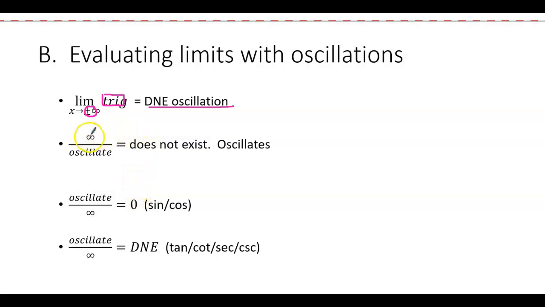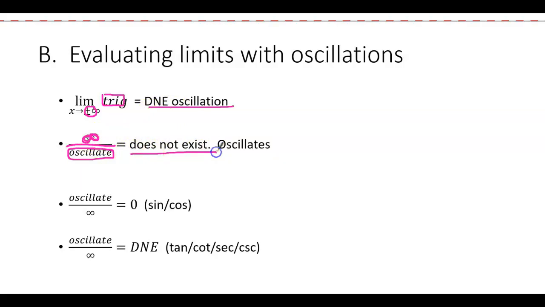Now, if you have an infinity up here, and you're dividing it by some trig function at infinity on the bottom, then that means that you're oscillating. The value's oscillating. Well, it doesn't really matter what's happening here. Since this number on the top is getting bigger and bigger and bigger forever, it doesn't matter what's happening on the bottom because it's just basically shooting off into undefined anyway.